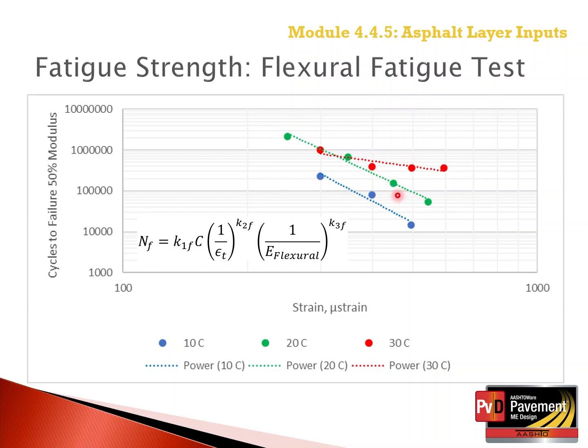This is another illustration of the amount of variability of the fatigue strength data. Deriving the fatigue strength coefficients of the transfer function can be very frustrating and time-consuming and result in significantly different values compared to the global coefficients derived from the combined testing of many different asphalt mixtures used in the global calibration process.